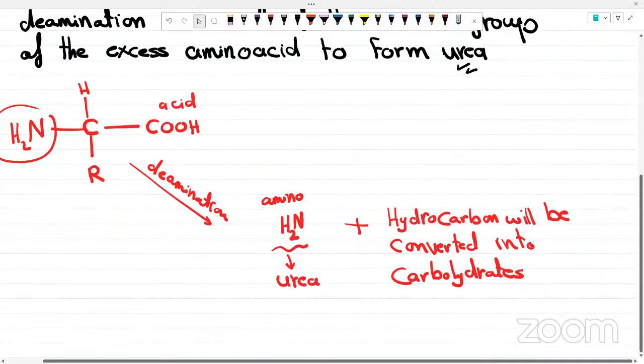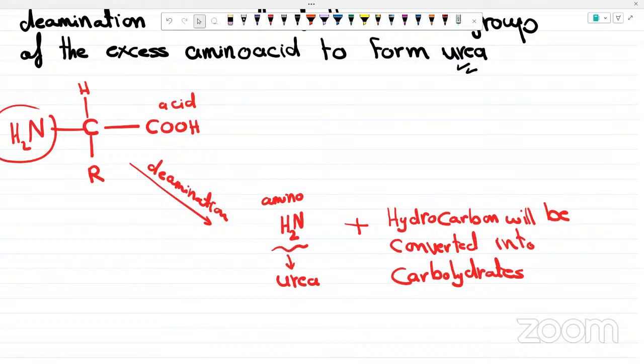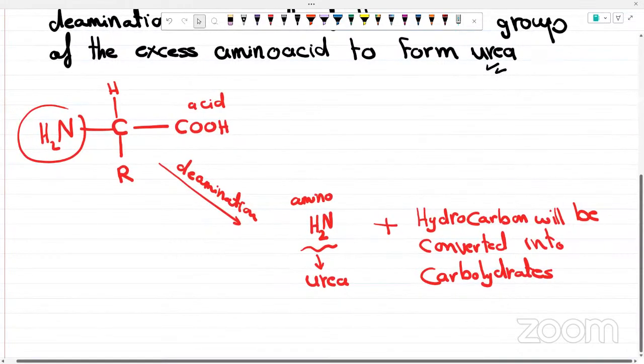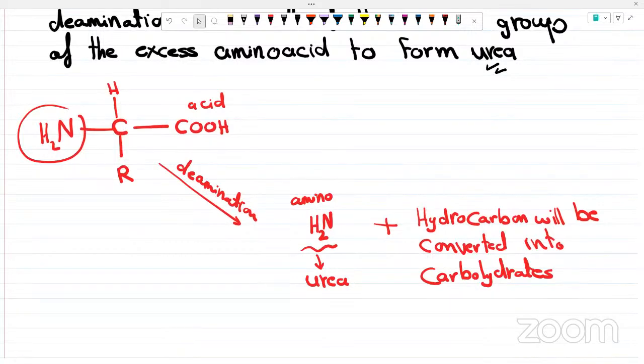It could be used for respiration, could be stored in the form of glycogen, but your body will never lose it because it has chemical potential energy. If it can be used or stored, your body will never lose it. You understand it or not? Is it clear? Okay, so this is what will happen to the excess amino acid in the liver.